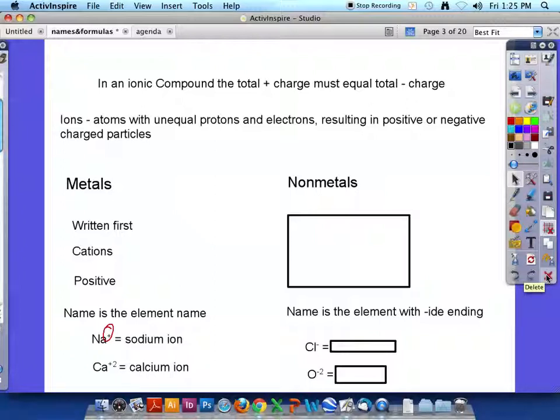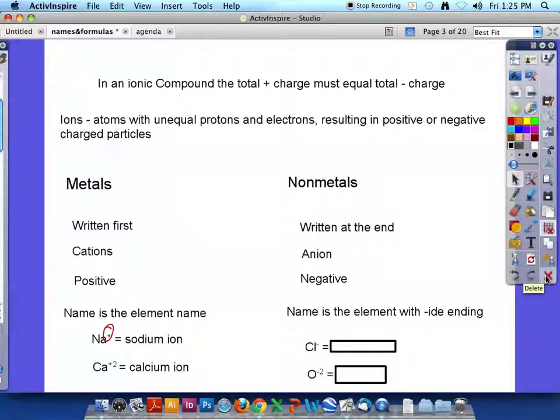On the other side of the periodic table, you have your nonmetals. Your nonmetals are written at the end of the compound when you write the formula or you say the name. They are called anions, and they are negatively charged ions.